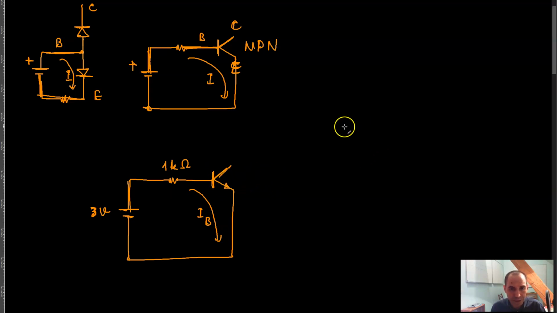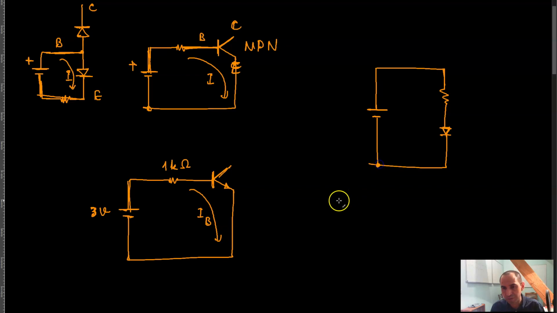Now, in the forward bias diode that we talked about in the previous video, we said that if you connect a power supply to a diode like this, you can put the resistor over here, and this is positive, so this becomes the anode of the diode, and then the cathode goes to negative.